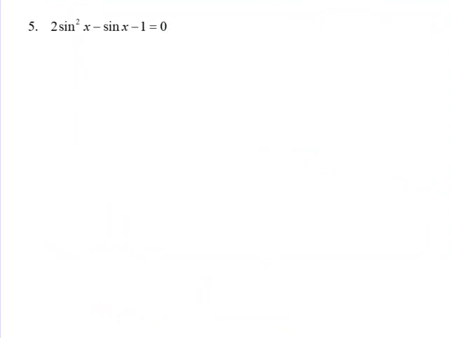Next, we have 2 sine squared of x minus sine of x minus 1 equals 0. We're going to factor this just like we factored algebra quadratics. This is the same as if we had 2x squared minus x minus 1 equals 0. So if it helps you to write this without the trig functions and then factor it and then switch back, that's totally fine.